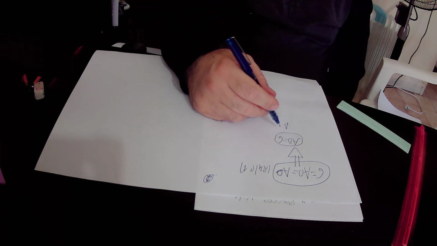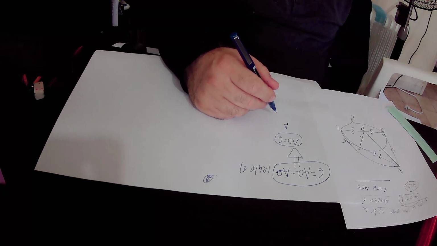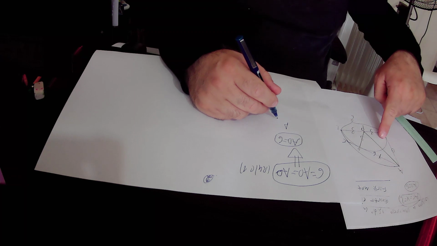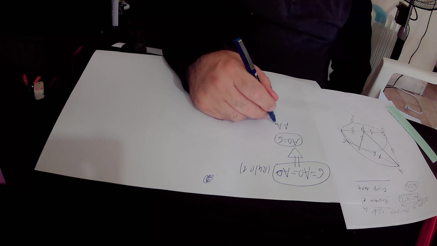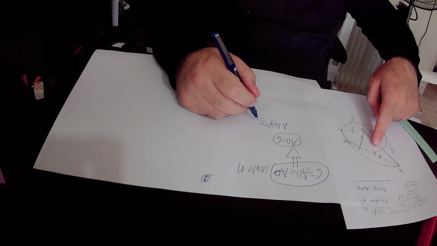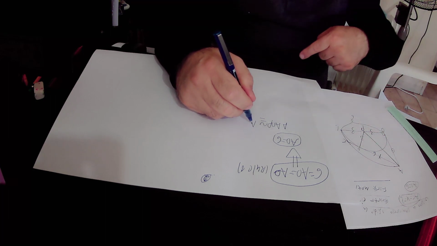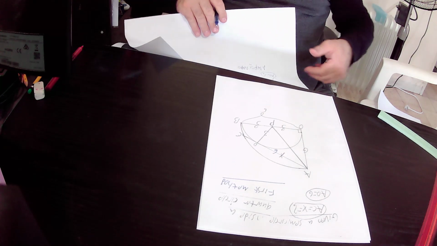Triangle AOP, this triangle, is congruent to triangle APD, this triangle, according to the side rule.